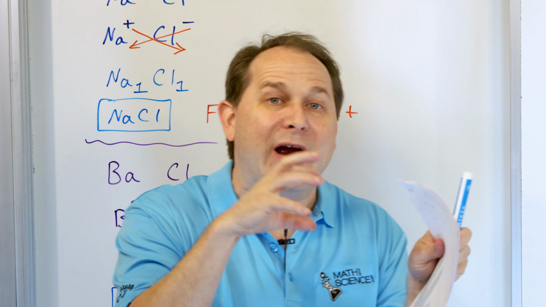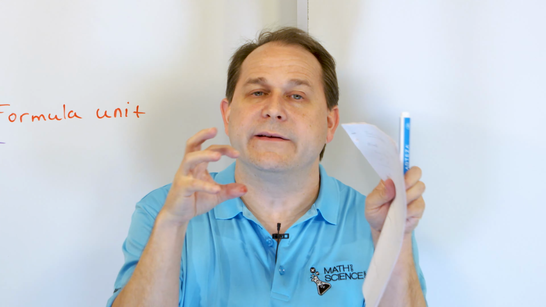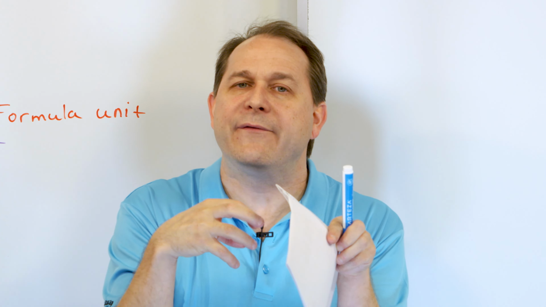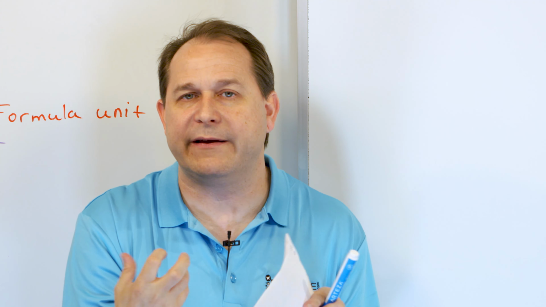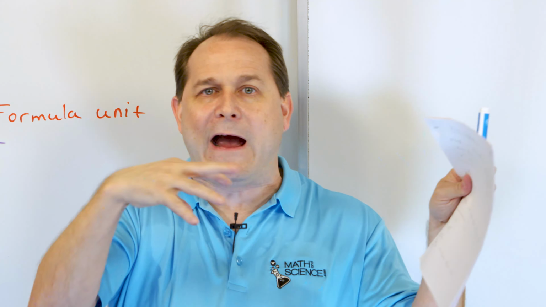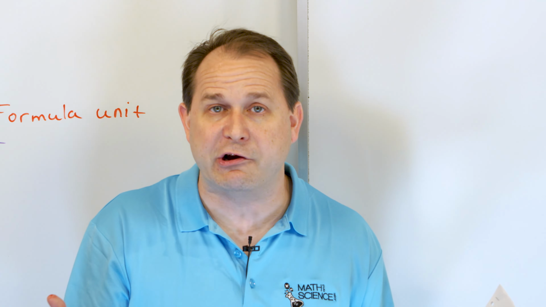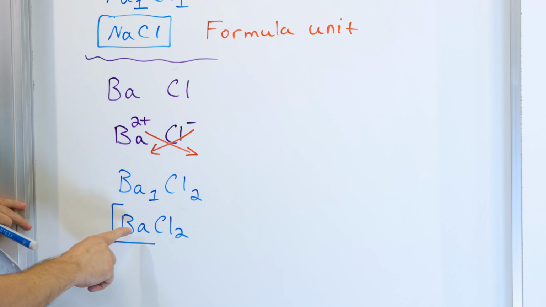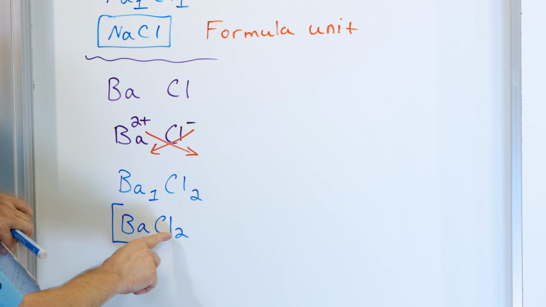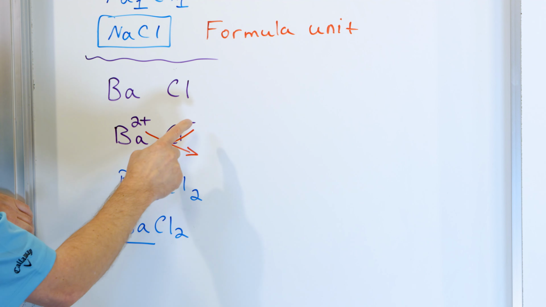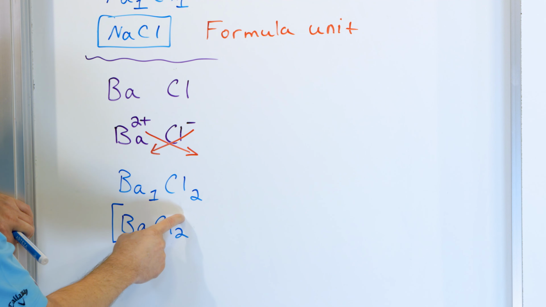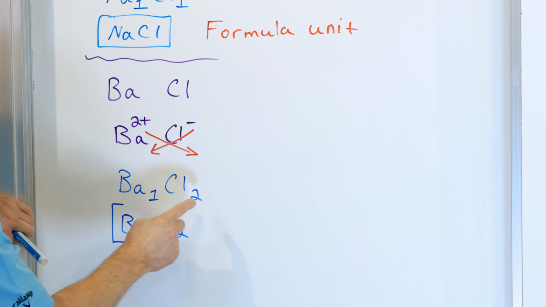So you see, if they bonded 1:1, then it would have an overall charge, and it would just attract something else to try to neutralize the charge, and it would keep attracting stuff until there was no more net charge. So what happens is it really bonds in the ratio of 1 barium to 2 chlorines. 1 barium has a +2 charge, each chlorine has a -1 charge, so overall you have a +2 and a -2.